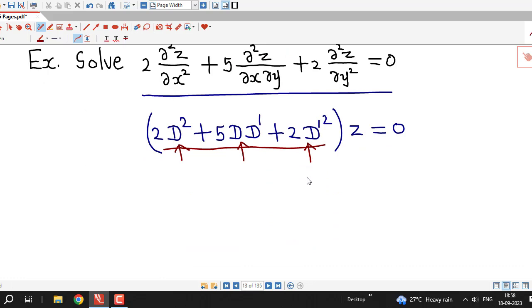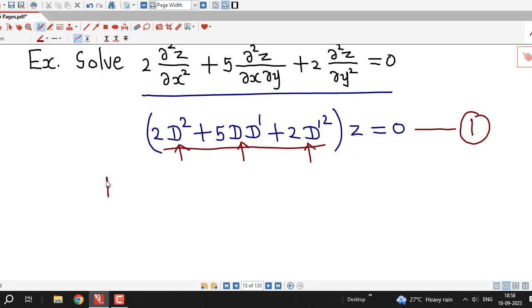So first step is we have to write down the auxiliary equation for this given equation. Suppose I give this number 1, then first I have to write down the auxiliary equation corresponding to given equation.